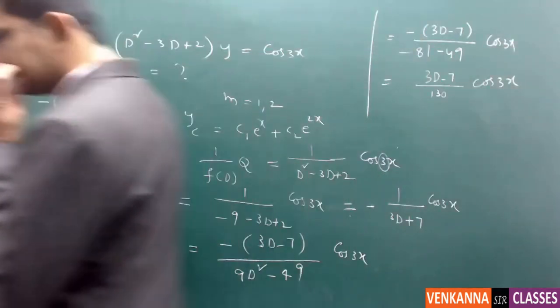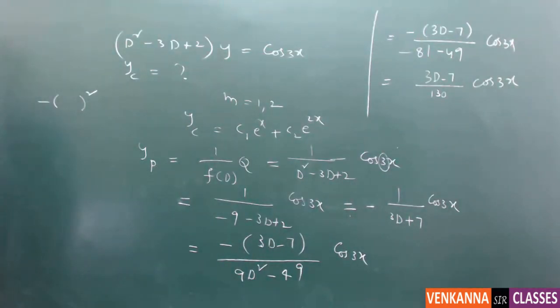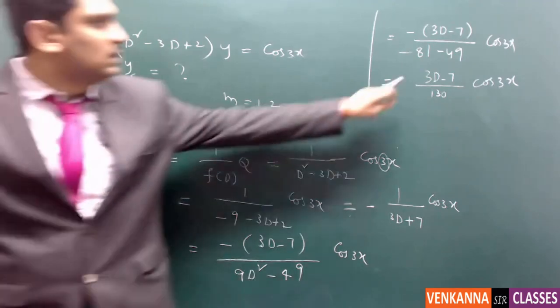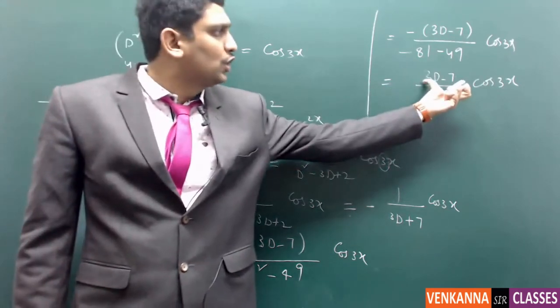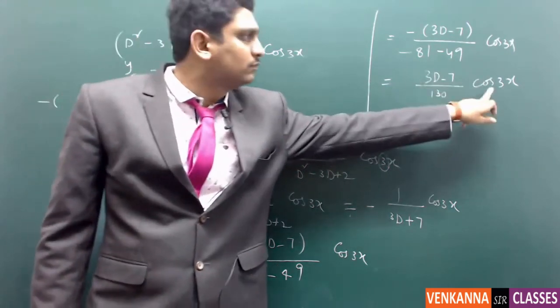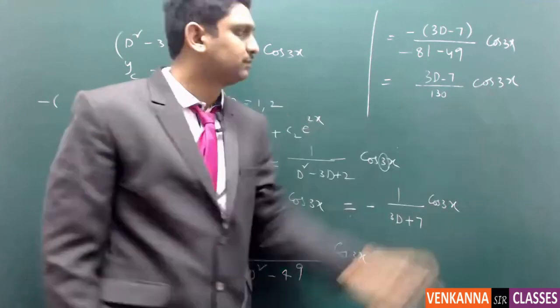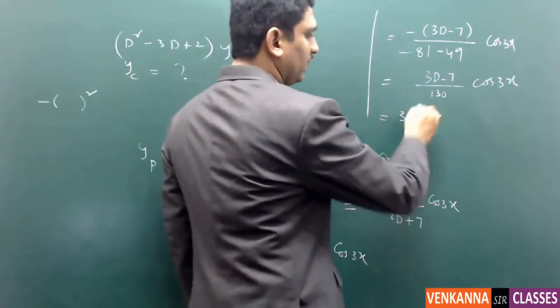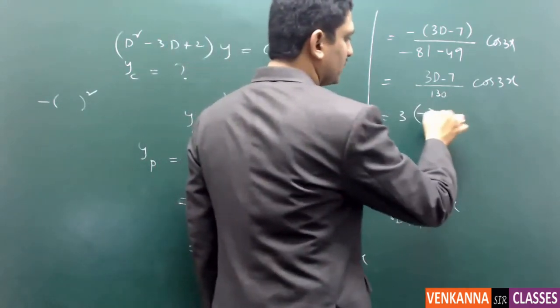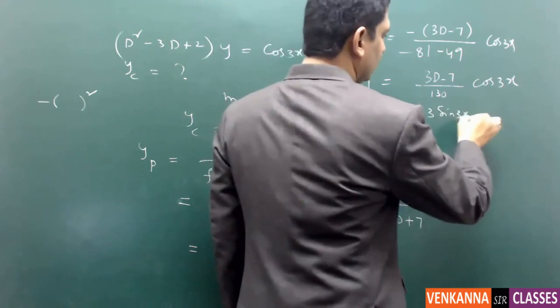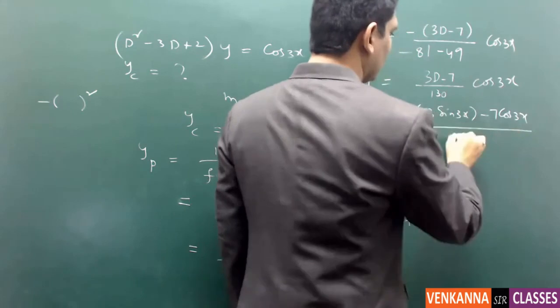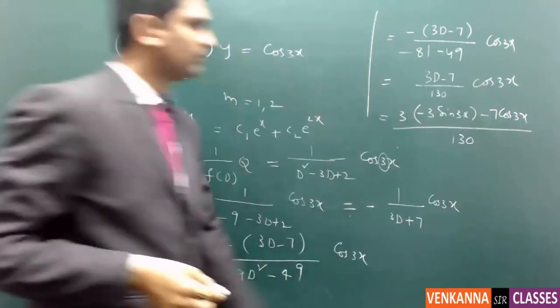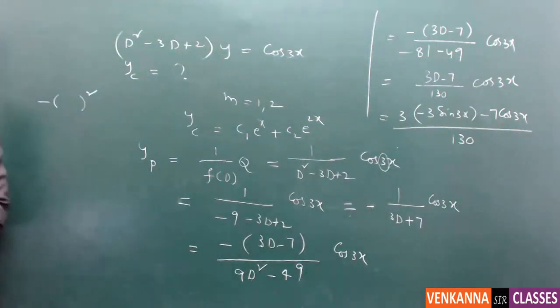Please check. Now, since D stands for differentiation, you are applying the numerator term to the function cos 3x. So this is equal to 3 into differentiation of cos 3x, which is minus 3 sin 3x, minus 7 cos 3x, by 130. So that is the final solution. You can simplify further.